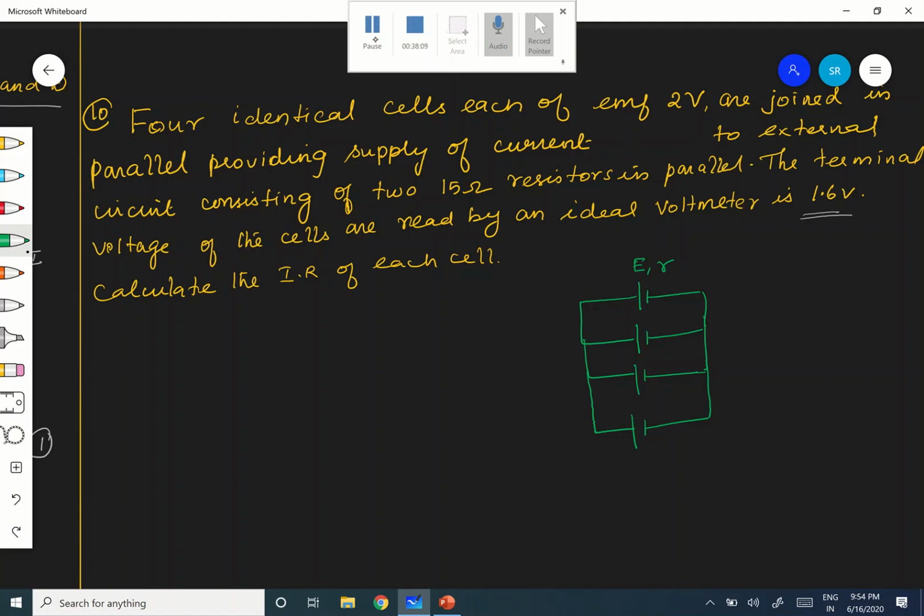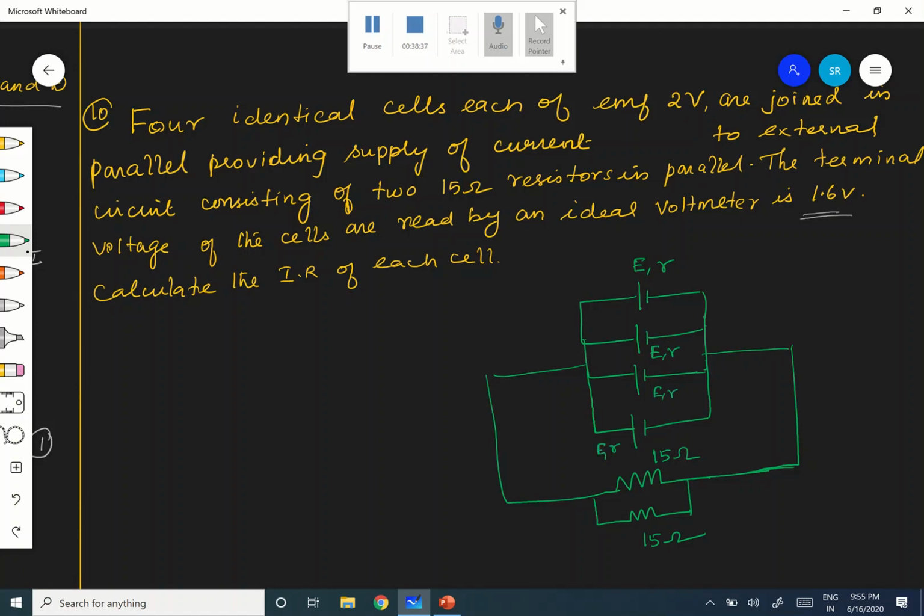This combination is supplying current to two 15 ohm resistors, which are in parallel. One is 15 ohm, and this is also 15. This is the circuit. Everything is identical, E and r.